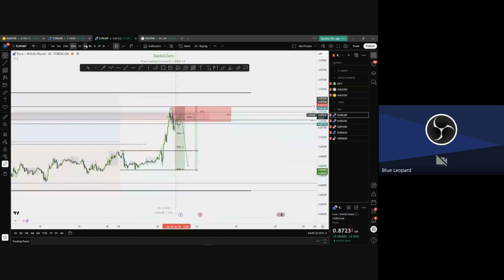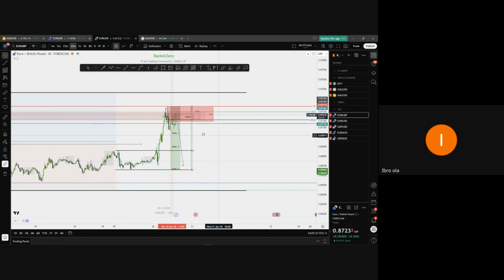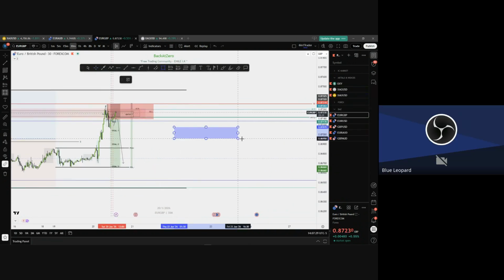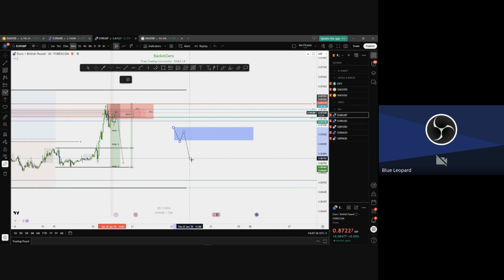Did you understand the strategy? I'm getting it slowly. Yeah, it's very, you have an H4, okay? Like this, price created a bearish intention. You know that price is going lower. So you expect price to come back inside your zone. When it reaches your zone, what is more interesting for you is to find an M30.